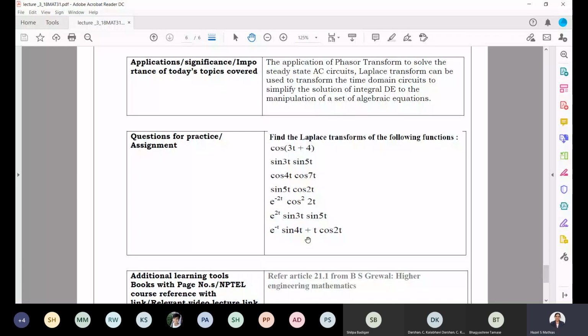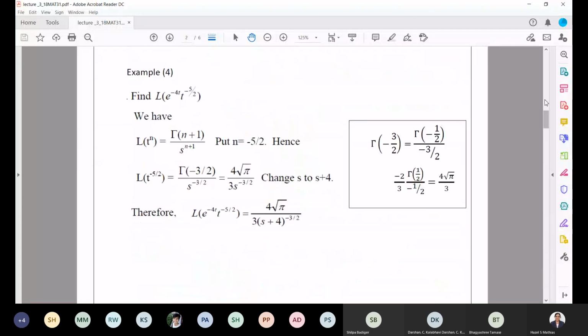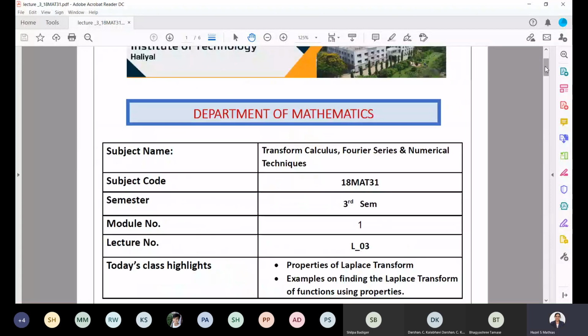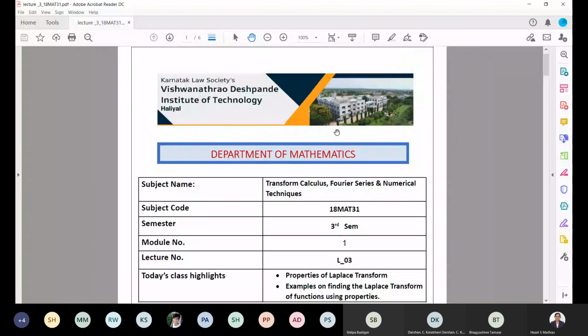Anybody, any doubt? Maintain your separate notebook.